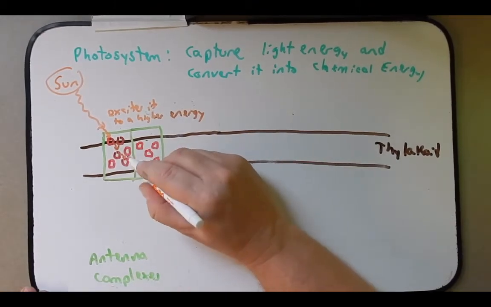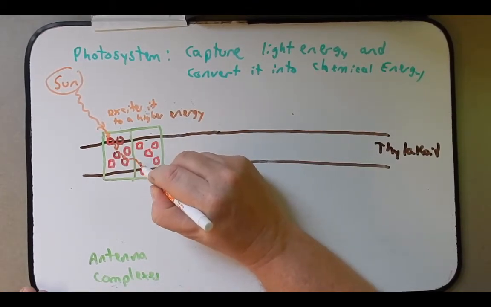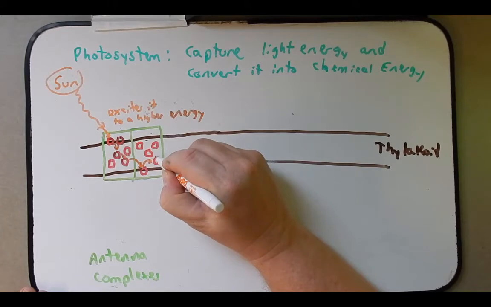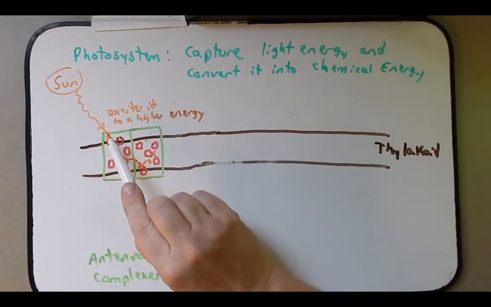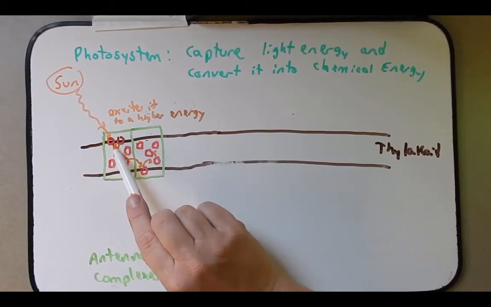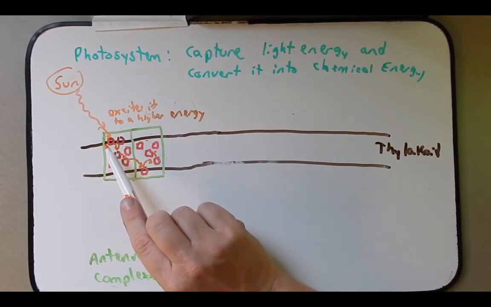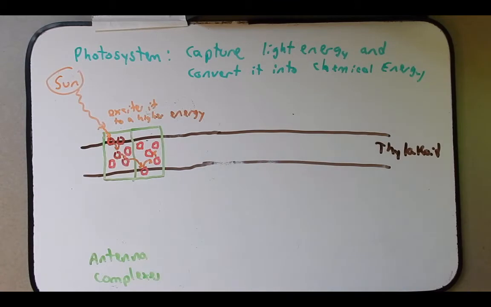It can do it within an antenna complex, or it can do it between neighboring complexes. But the goal is to move that unstable, high energy from a chlorophyll molecule with higher energy, less stability, to one that has lower energy. And by moving it to one with lower energy, you reduce some of that overall instability.